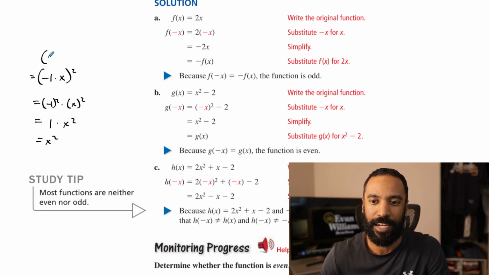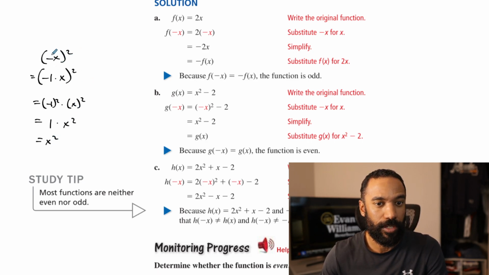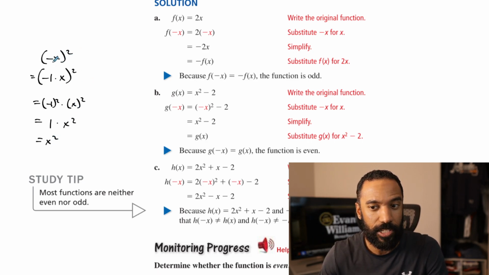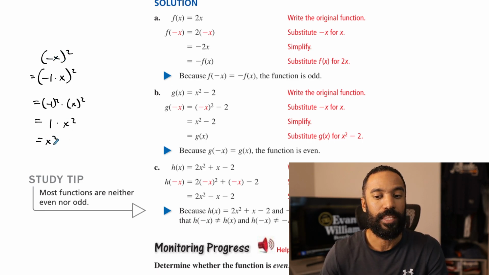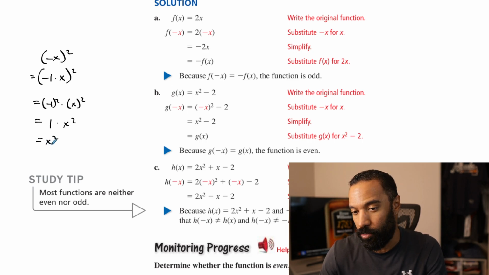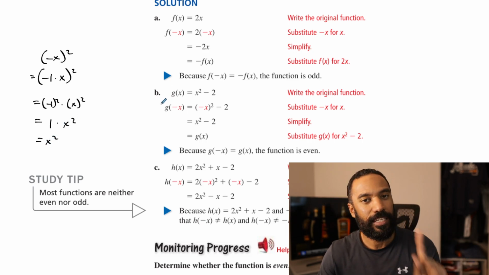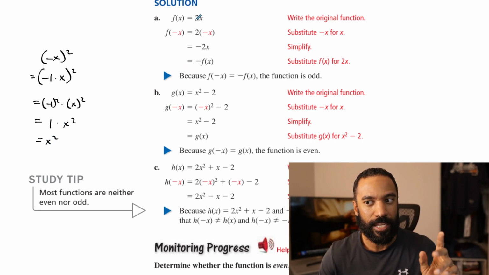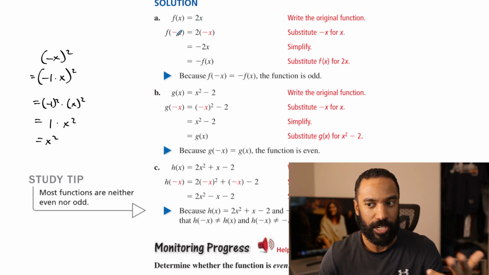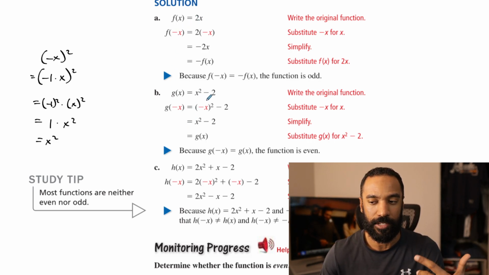So that's what negative x squared gives you. It gives you positive x squared. The idea is no matter what I substitute for x, positive or negative, when I square it, it'll turn into the equivalent of what would happen with the original value. And keep in mind, our x values don't necessarily have to start positive. They're just changing sign. They're saying what happens when you change sign.